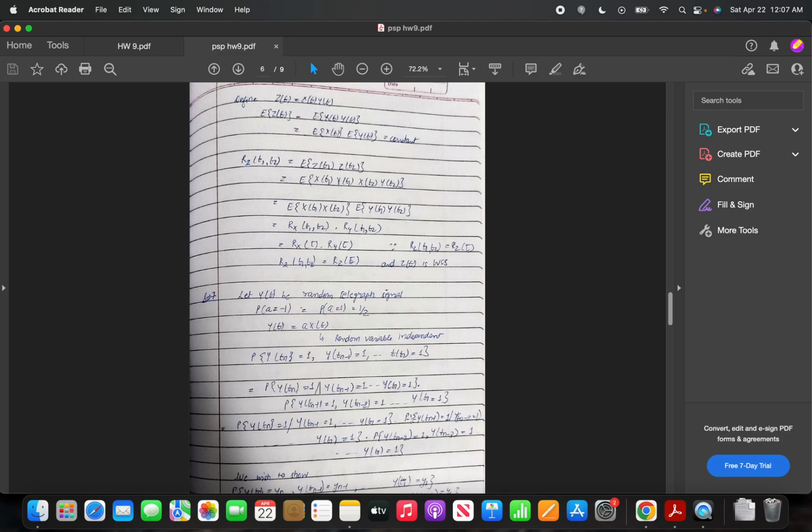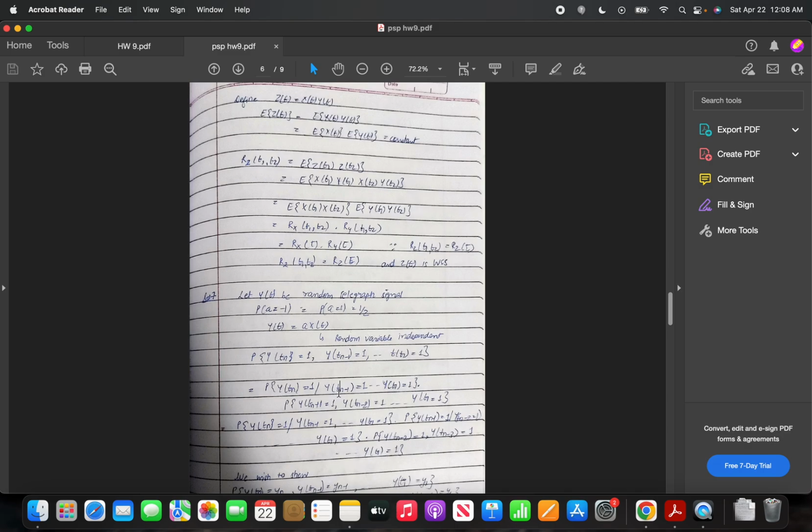The second term will be basically the probability of Y(tn-1) equals 1 given Y(tn-2) equals 1 up till Y(t1) equals 1, times the probability of this term again, which is Y(tn-2) equals 1 and Y(tn-3) equals 1 up till Y(t1) equals 1. So yeah, we can keep on splitting this term.